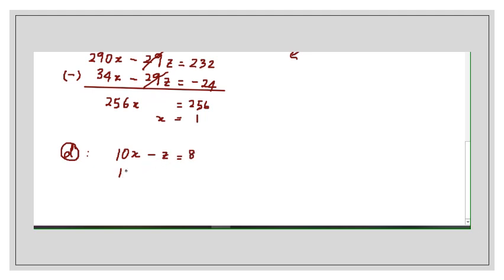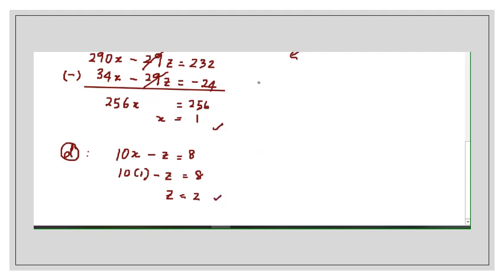Okay, 10 bracket 1 minus z equal to 8. z equal to 2. And then we already get x and z.